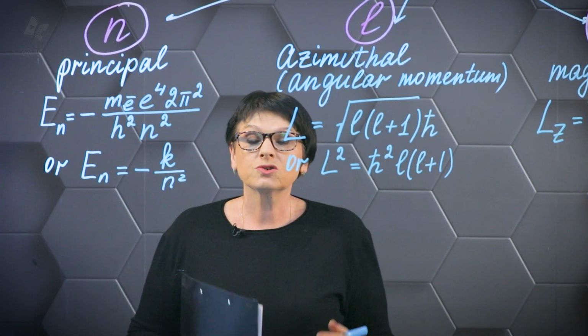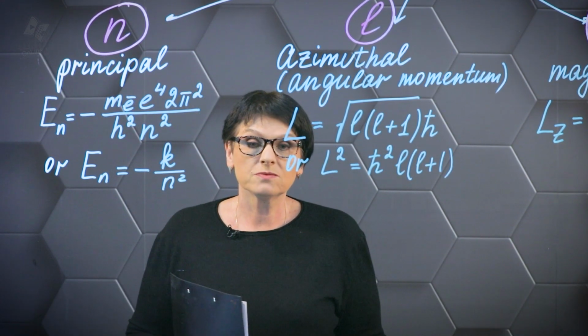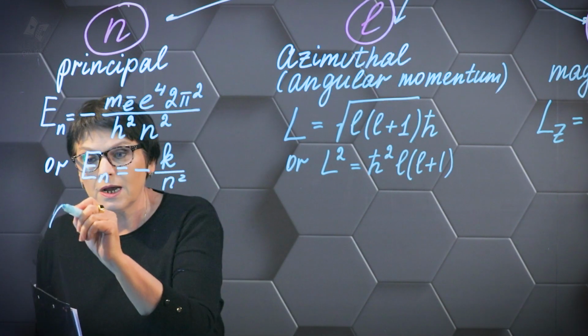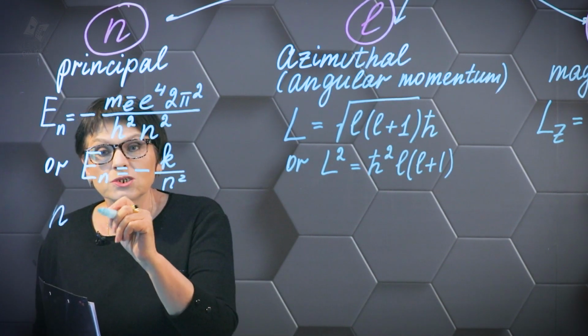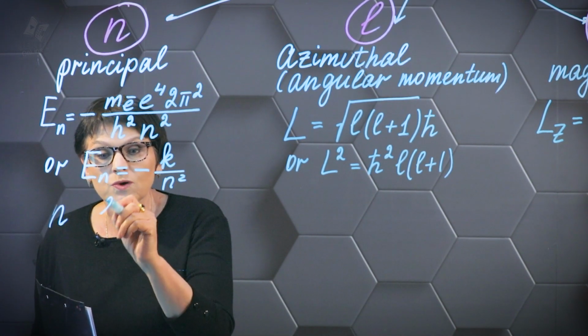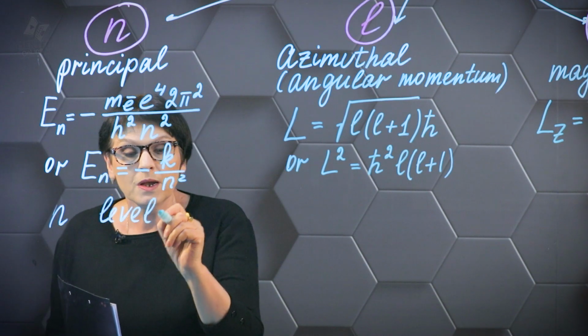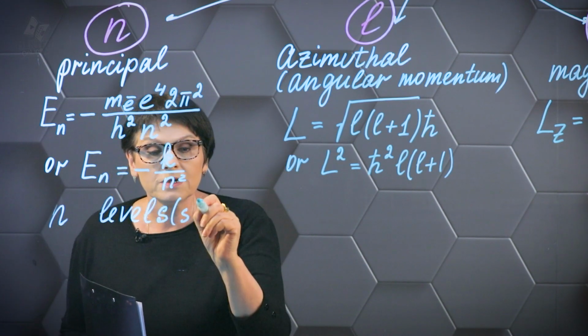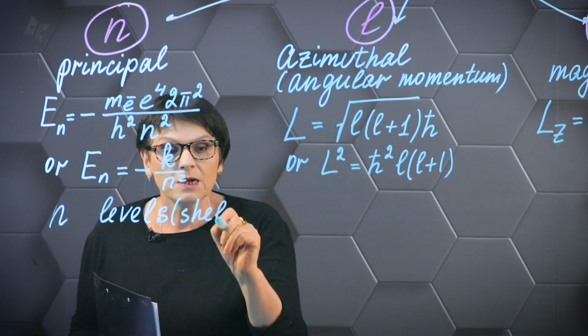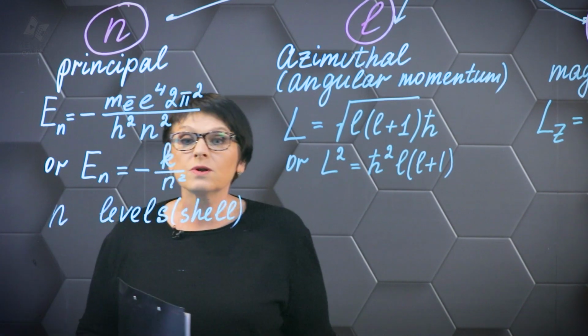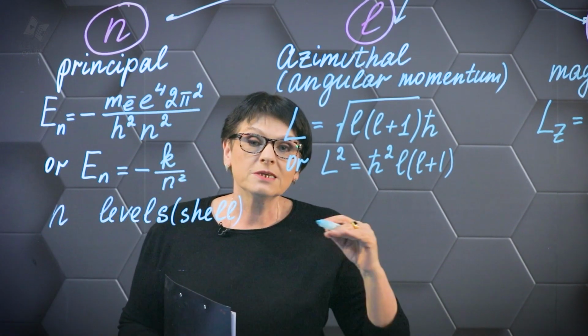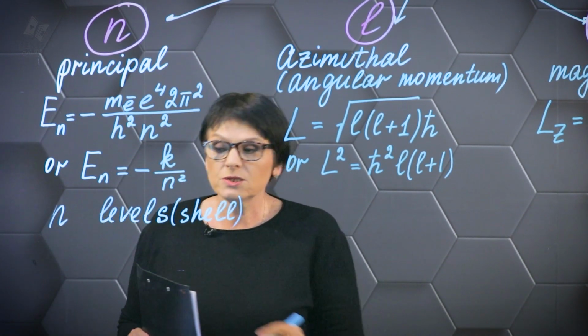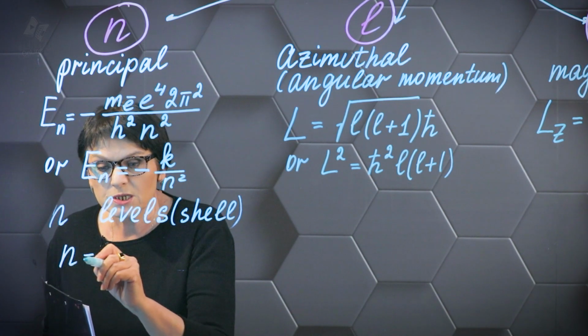Now let's find out what this principal quantum number means. So N, this number shows how many levels there will be. Or we can say they are levels or layers, respectively. Sometimes it's said that way. This number can only take integer values.